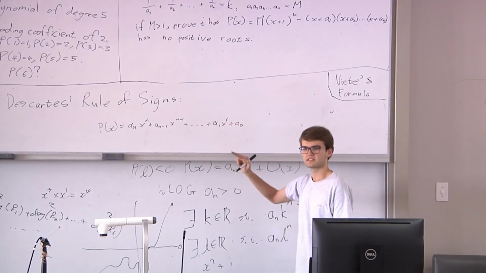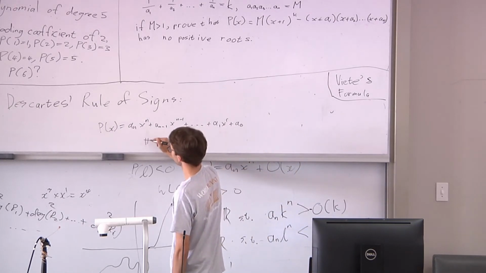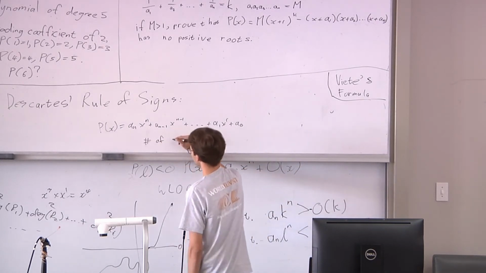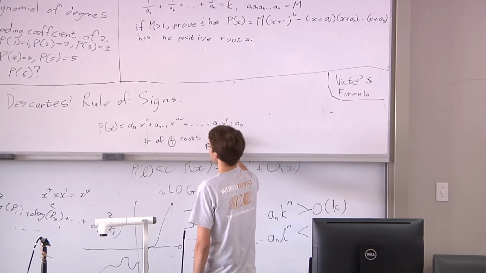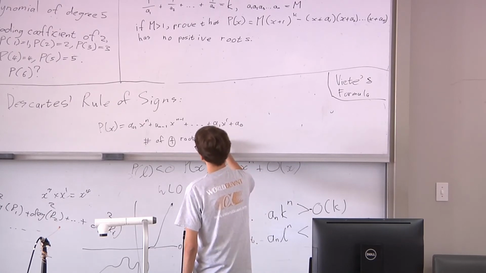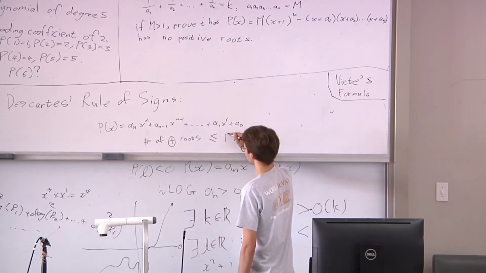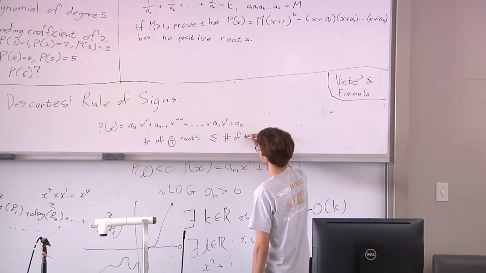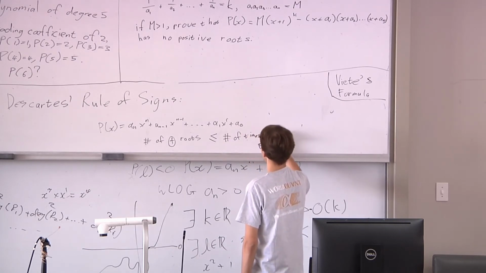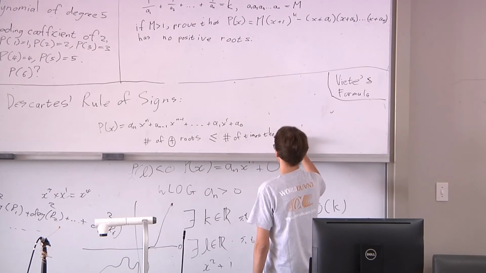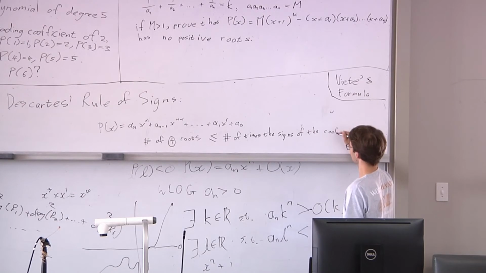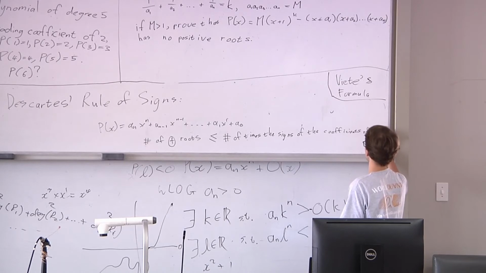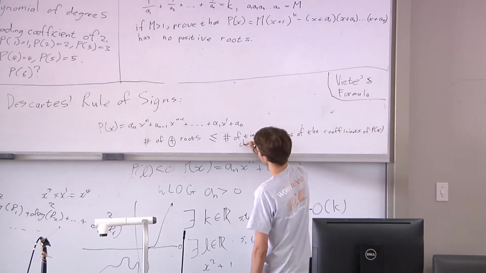The rule says that the number of positive roots is less than or equal to the number of times the signs of the coefficients of p of x change.